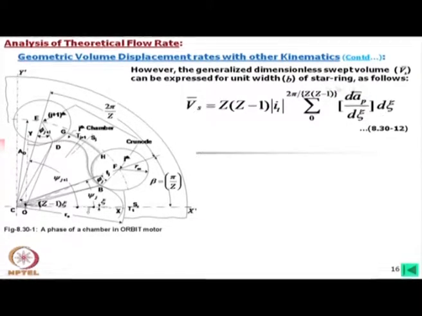This is the flow rate volume in, and we integrate up to this angle, and then we find it. This is rather a complicated form to find the swept volume, but automatically from the flow rate we should be able to get the swept volume.